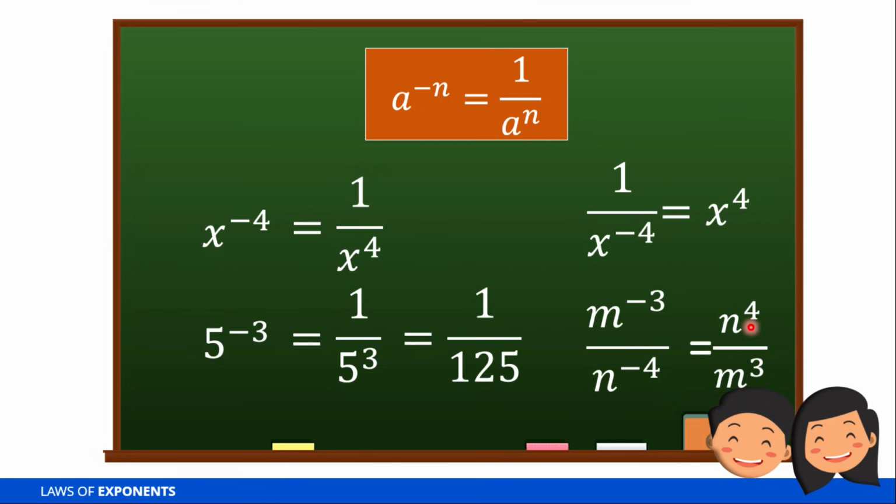Okay? So, simple lang. Kapag may negative exponent tayo, from numerator siya, halimbawa, magiging denominator para maging positive yung exponent. So, ganun lamang ang ating gagawin. So, ang ating katumbas na m to the negative 3rd power over n to the negative 4th power is equal to n to the 4th power over m to the 3rd power.